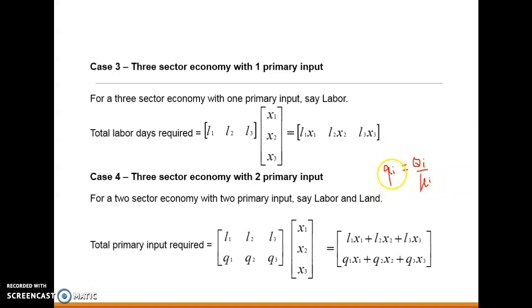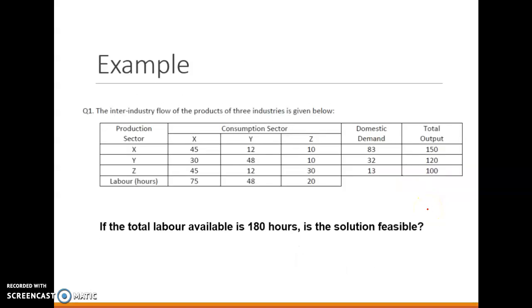If we have to calculate for Q1, it will be capital Q1 divided by X1. For Q2, it is capital Q2 divided by X2. Similarly, as we have done for labor, we calculate the same coefficients for land using this formula. So let's quickly jump to the practical portion of this part.